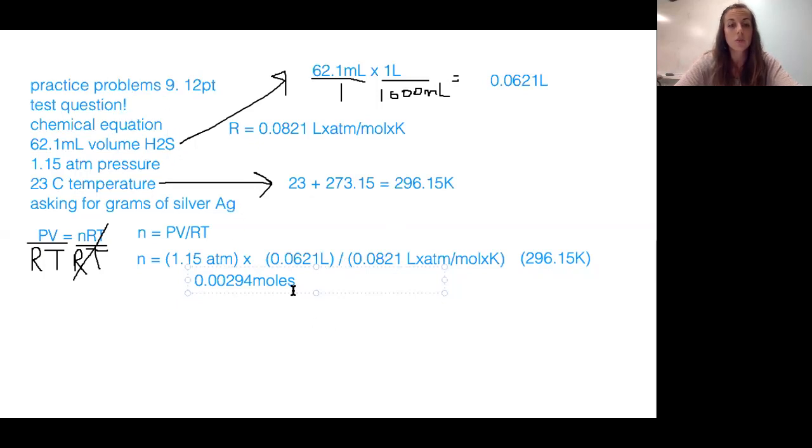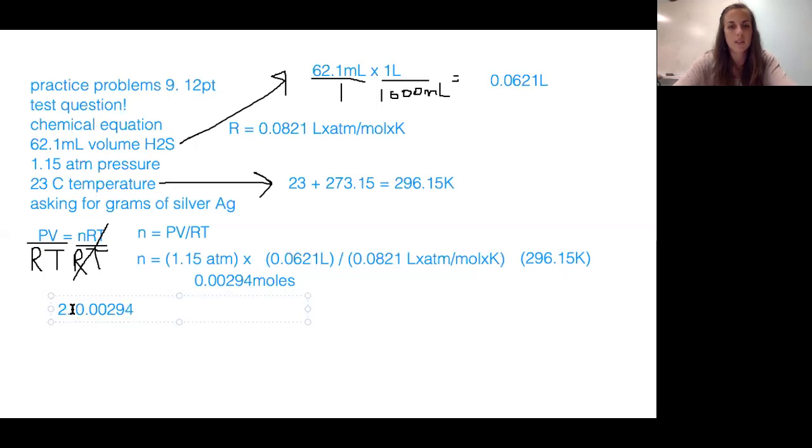So now I can do stoichiometry to find out how many moles of what they're asking me for I have, okay? So next step, we're gonna use stoichiometry. So I'm just gonna put step 2. So I have 0.00294.